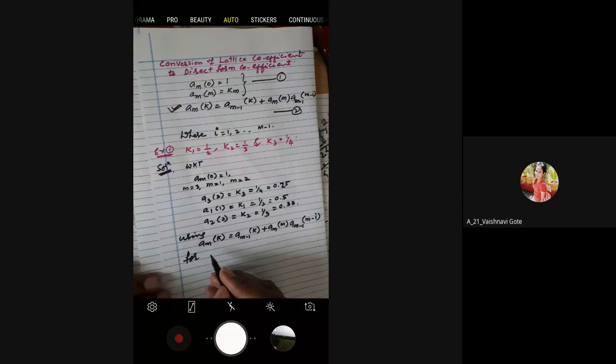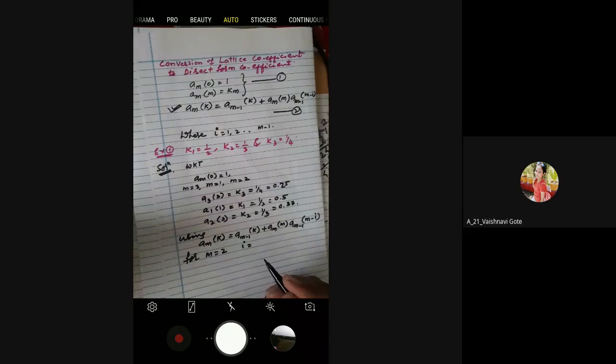What is the value of I? I equals to 1. For m equals to 2, we can write I equals to 1. Okay.